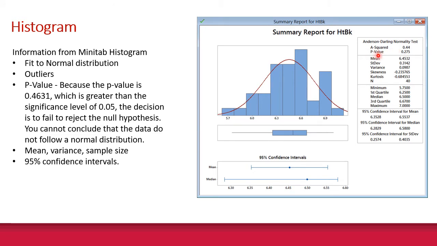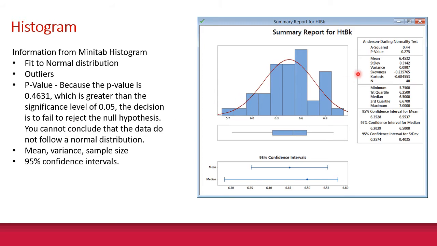The one I always look at is the p-value here. If this p-value is greater than 0.05, that indicates to me that it's fairly normal. Statisticians would say that it fails to reject the null hypothesis, so you cannot conclude that the data do not follow a normal distribution.